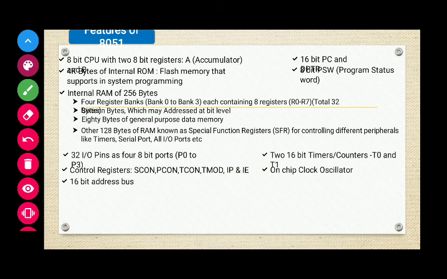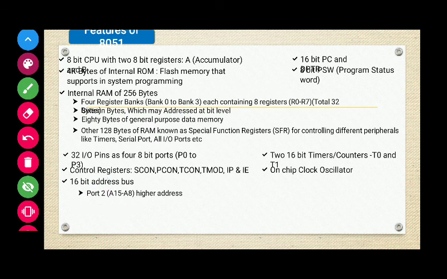The 8051 microcontroller has a 16-bit address bus. Again, as in 8085, it is divided into two parts of 8 bits. The higher addresses, that is A8 to A15, that is port 2, and another one is AD0 to AD7.